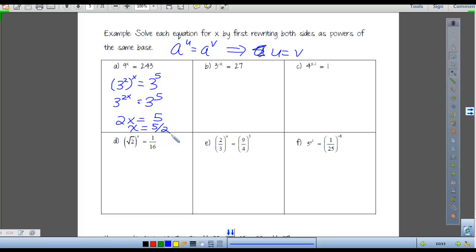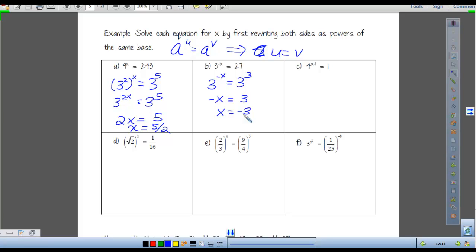Okay. All right, here we have 3 again. We've got 3 to the negative x, also equal to 27. 27 is what power of 3? Okay, 3 cubed. So we can say negative x equals 3, or x equals negative 3. Okay. 4 to the x minus 1.